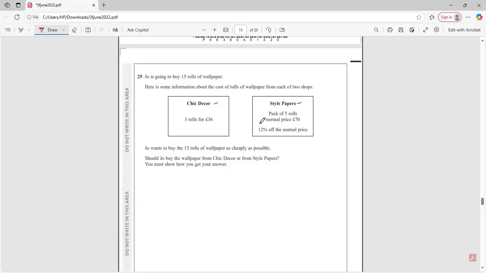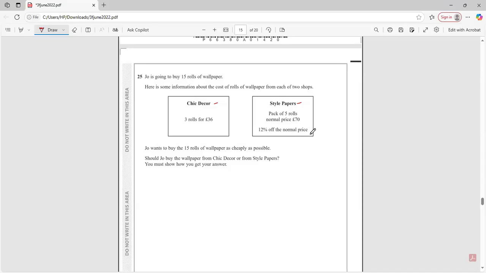Pack of 5 rolls, normal price 70 pounds, and 12% off the normal price. Okay, a pack of 5 rolls at the normal price would enjoy a discount of 12% off the normal price.